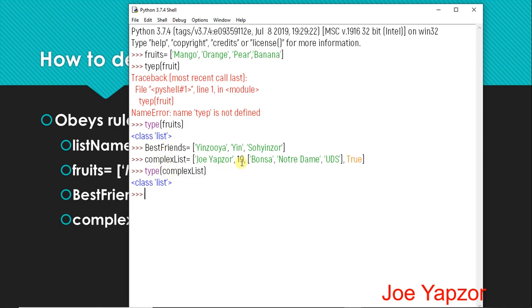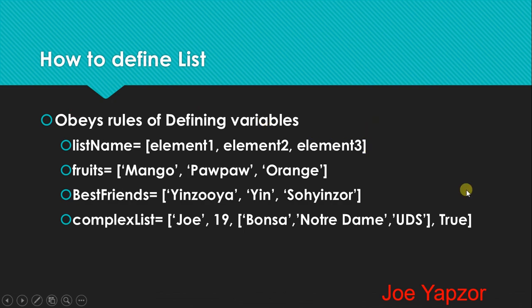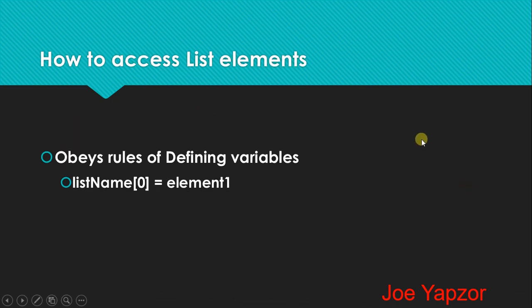It's a list, but inside this list I have a string, that's my name, a number, a list within the list, and a boolean. So I have different data types inside the same list, and that is possible in Python.